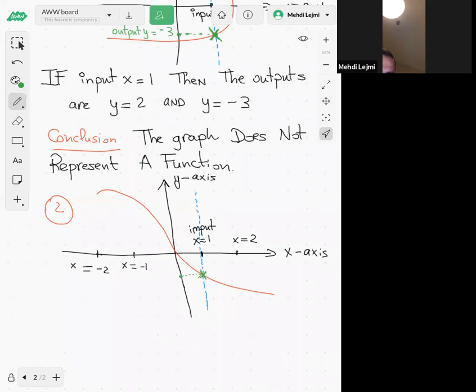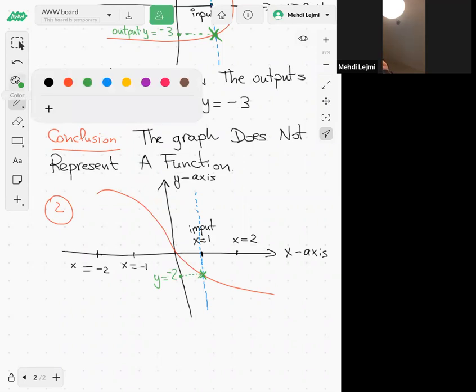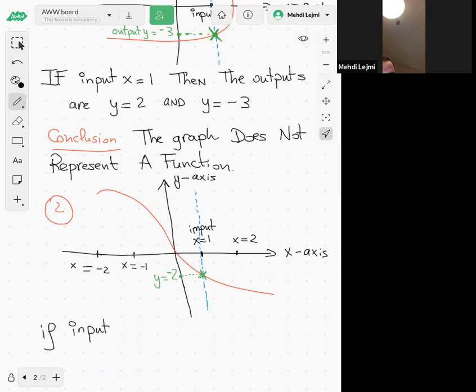Let's say this is y equal to -2, for example. So if my input x is 1, then output y is -2. We have exactly one output.